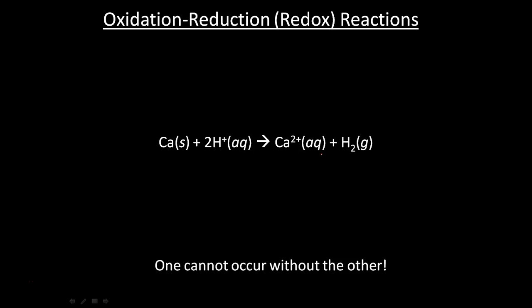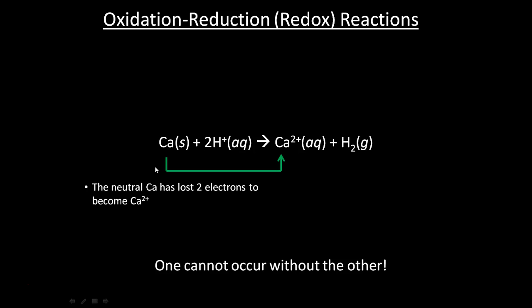And notice that none of these things happen in a vacuum. You can't lose electrons to nothing, and you can't gain electrons from nothing. The electrons have to come from someplace and go to someplace. So one more time, the neutral calcium has lost 2 electrons and become calcium 2+. This is what's called oxidation.